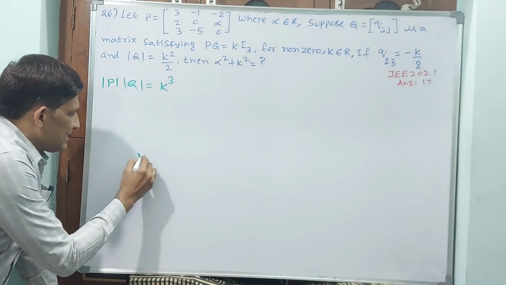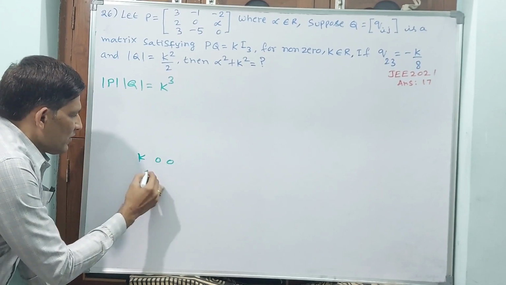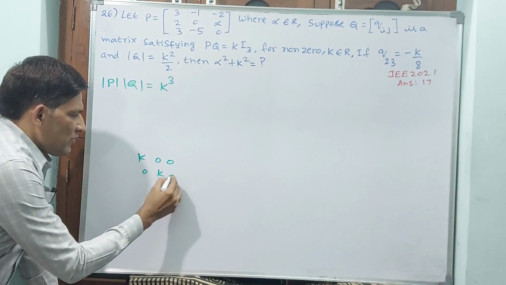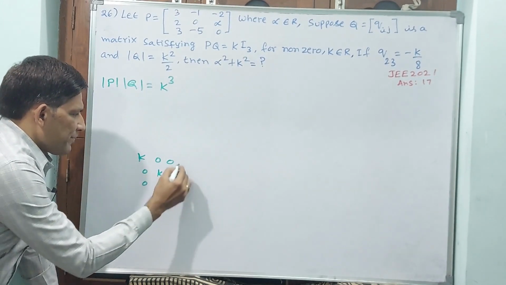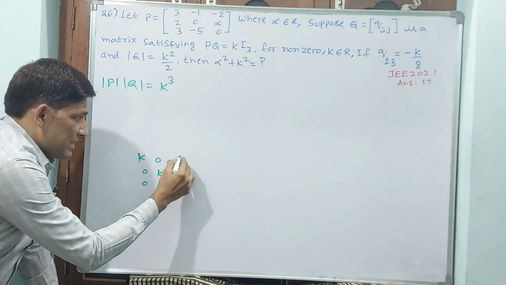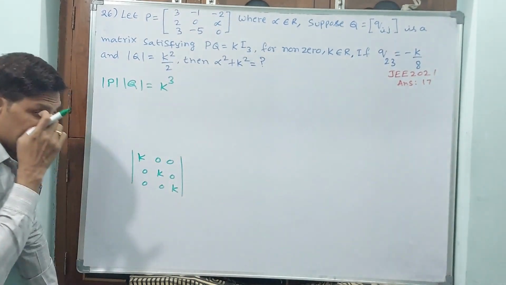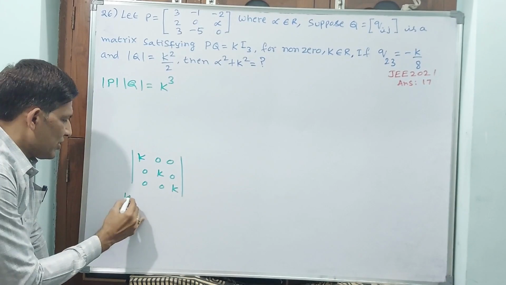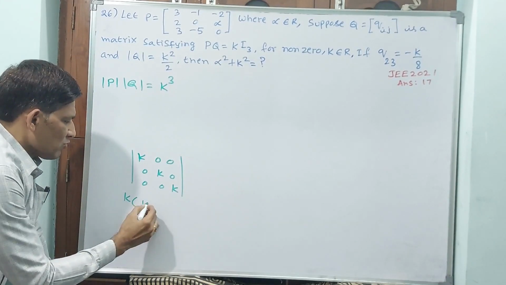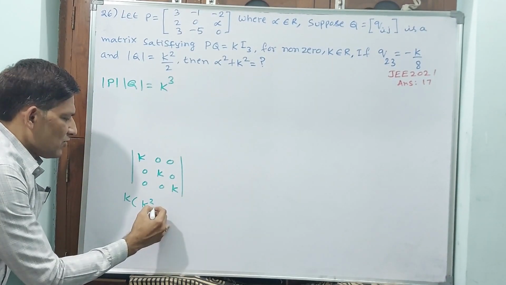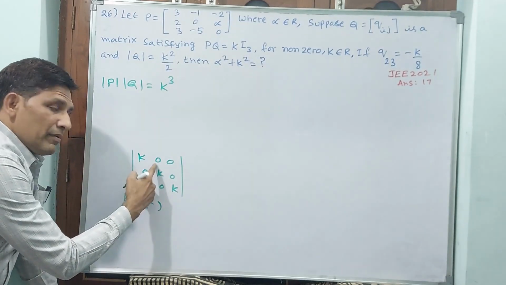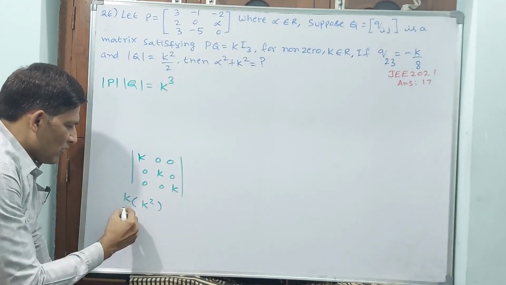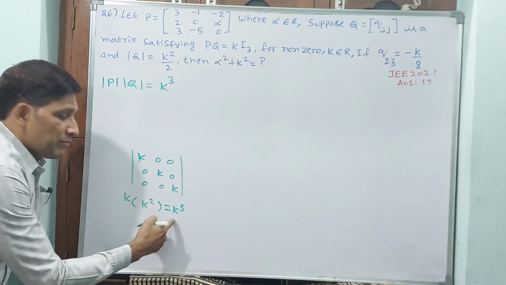As a matrix this is K 0 0, 0 K 0, 0 0 K. But if I want to make it a determinant, automatically K into K square minus 0 plus 0. That means this is going to become K cube.